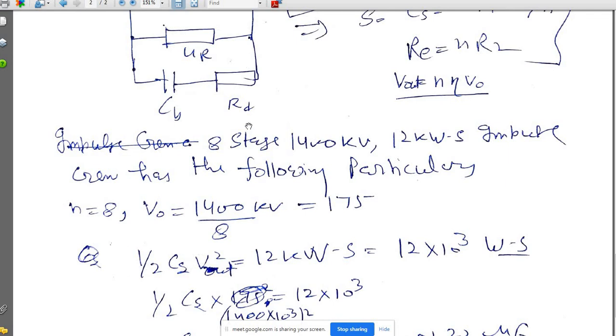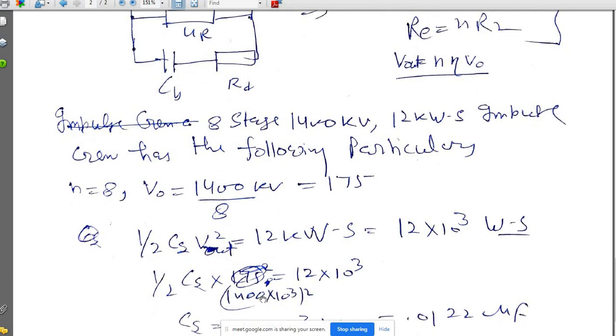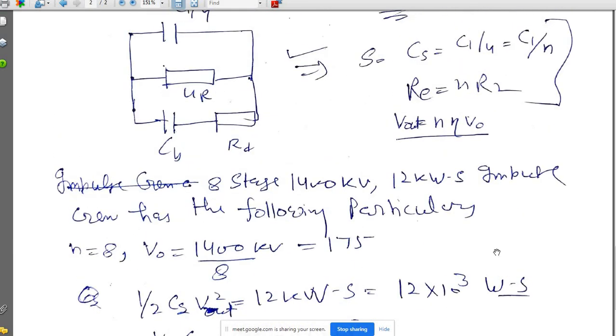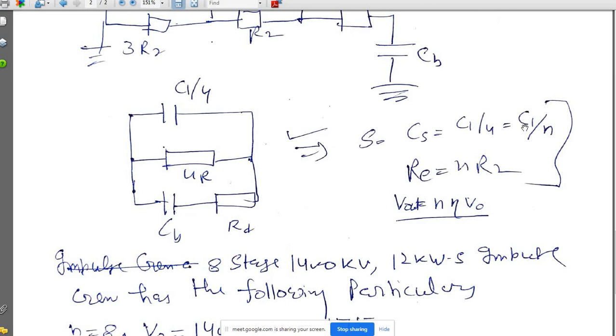It is not half of the CV, this is half of the CS, and voltage is the V output. So half of CS, V output is 1400 kilovolts, and this 12 kilowatt second, so we can calculate the CS from here, 0.0122 microfarad. So by this way we can calculate this CS here.